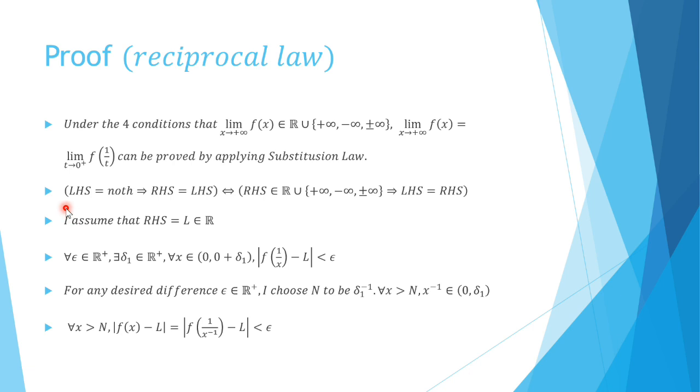For the remaining one, I use this logical relation. I prove this, then I prove this to be true, then this is also true. Here is the proof of the situation that the right-hand side is a real number. The other one can also be proved likewise.